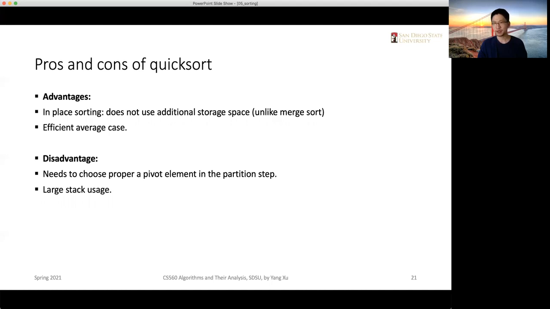For example, if the input is already partially sorted, then choosing the last element can result in a very extreme partitioning, as shown in the worst case.